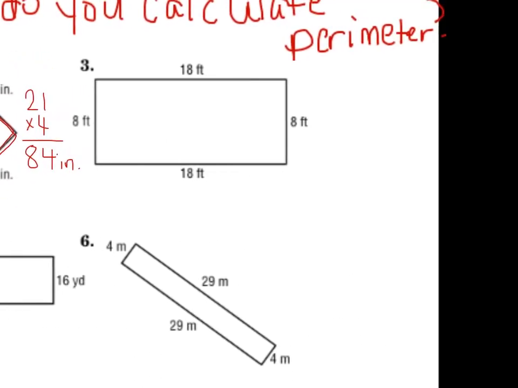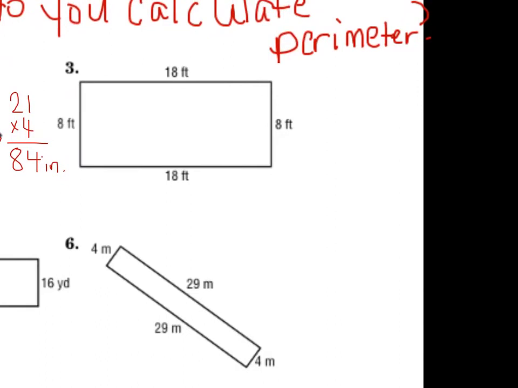All right, let's look at number 3. Number 3 is one like what you'll see on your math chart. Your math chart says that the perimeter of a rectangle is 2 times the length plus 2 times the width.